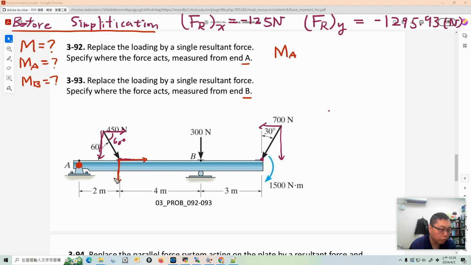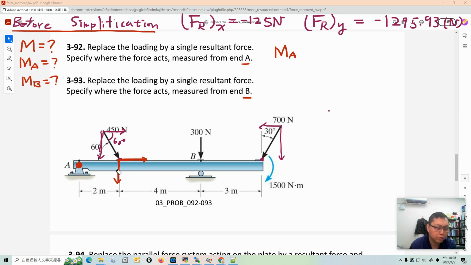The horizontal one, the lever arm, no information is given about this distance, so this distance is very small, and we can assume the moment created by this horizontal force is almost zero.